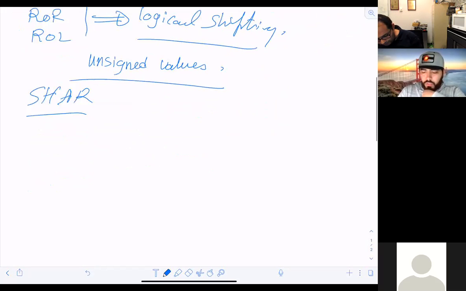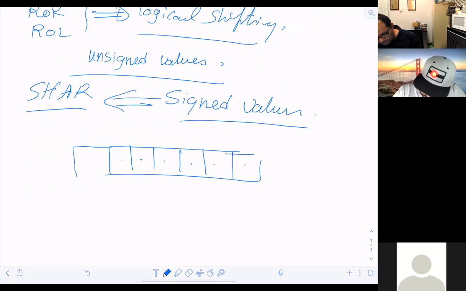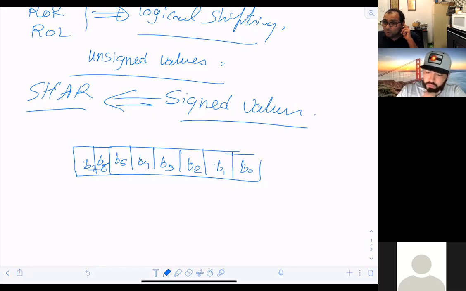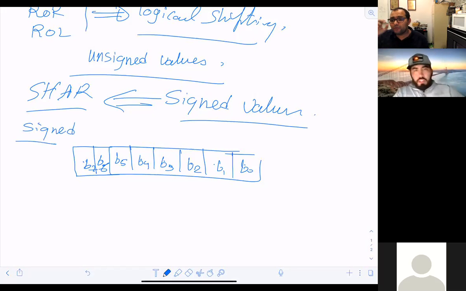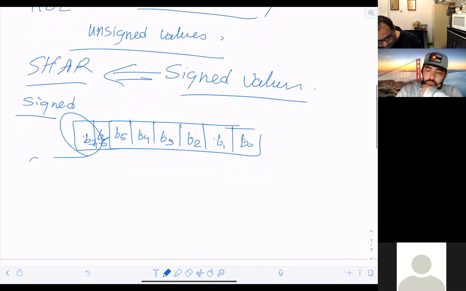For instance, if a certain register is 8 bits, B0, B1, B2, B3, B4, B5, B6, B7, and this is holding a signed value. From chapter 1, the number systems, the most significant bit is representing the sign. If it's holding 0, it's a positive value. If it's holding 1, it's a negative value.